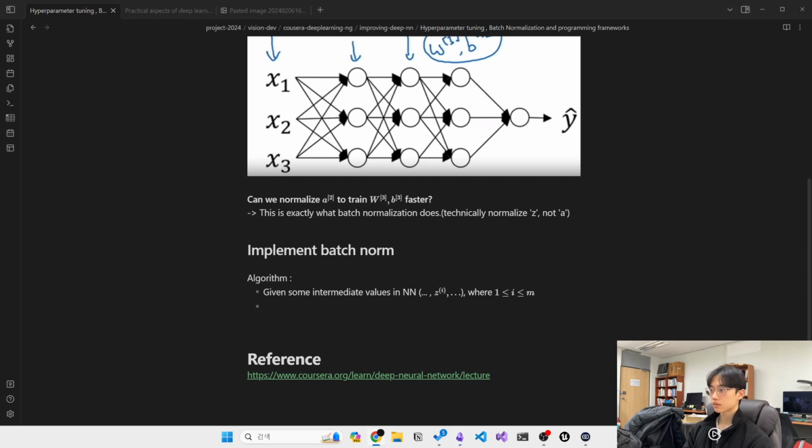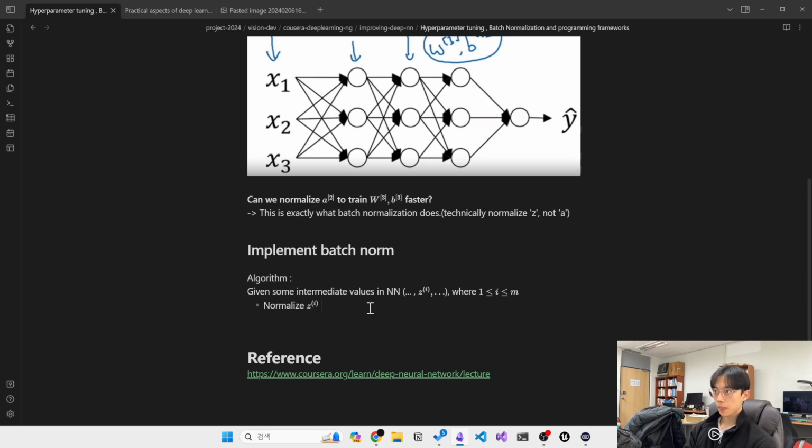would take each of the zi's and normalize it, so get zi normalized by subtracting off the mean and dividing by the standard deviation. For numerical stability, we usually add epsilon to the denominator like that, just in case sigma squared turns out to be 0 in some estimate. And so now we've taken these values z and normalized them to have mean 0 and unit variance.